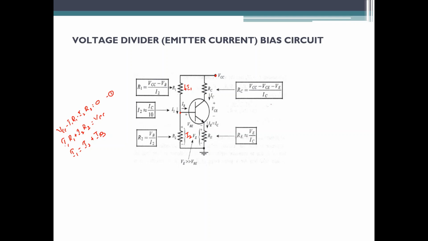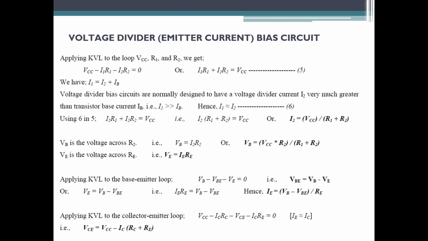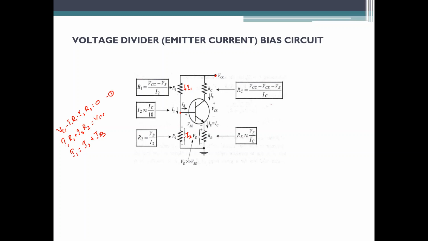After that, what they have said is voltage divider bias circuits are normally designed to have voltage divider current I2 very much greater than the transistor base current, which means that the current I2 will be greater than IB. Because of this you can write I1 as almost equivalent to I2, because I2 is comparatively greater than IB.